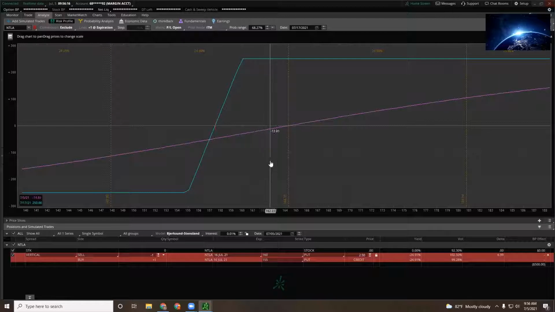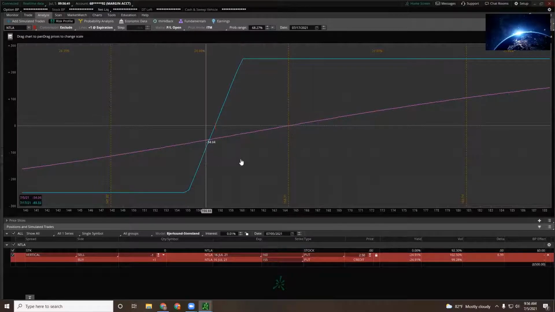Most times when I say bull put spread and you are able to do it right on the chart, you are going to be in the money 75% of the time. You start making your maximum money, 250, at about when NTLA gets to 180.74.